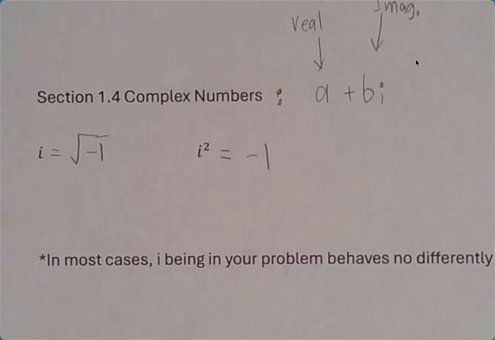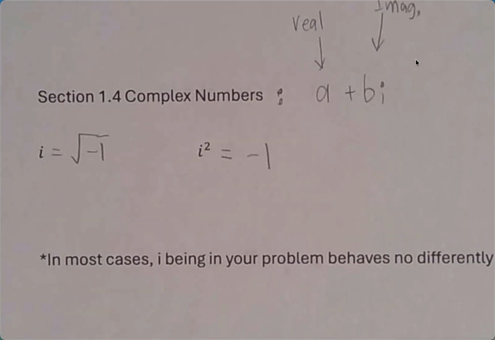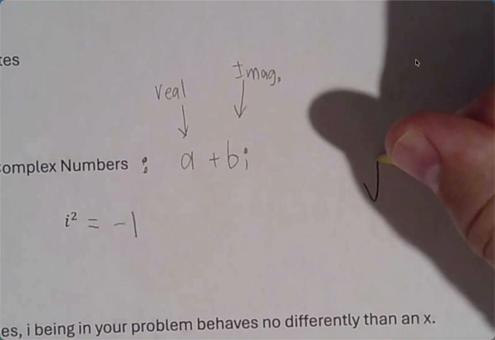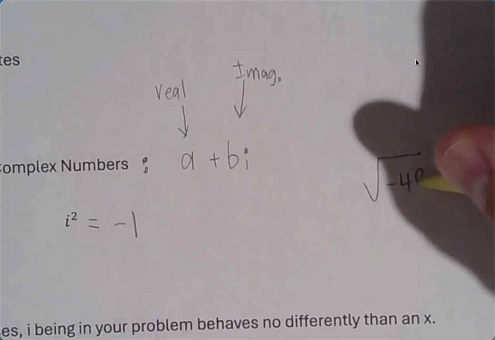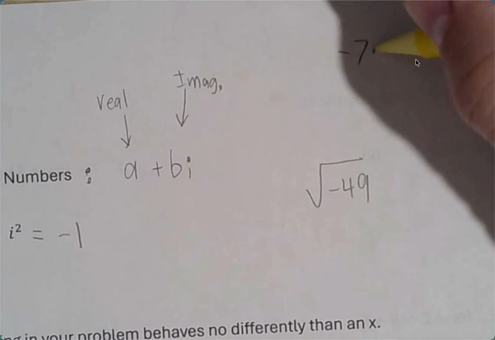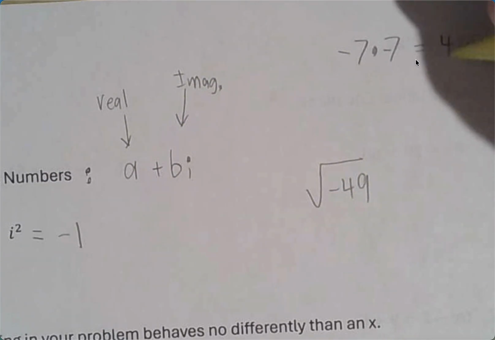Now, in other words, if you look back to our first notes, we kind of looked at this. We looked at the square root of -49, I'm pretty sure it was that, or maybe -36. And we just said there was no answer. What we were saying was, if I take -7 times -7, that would be 49.